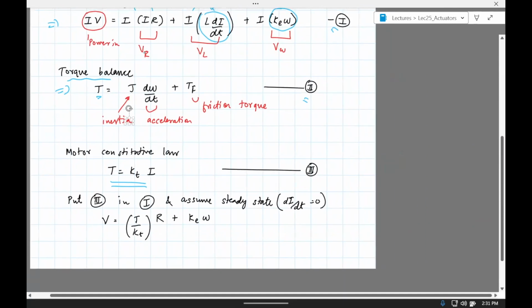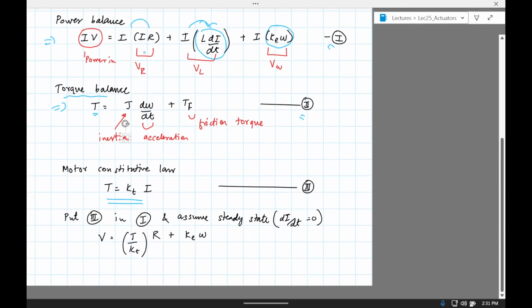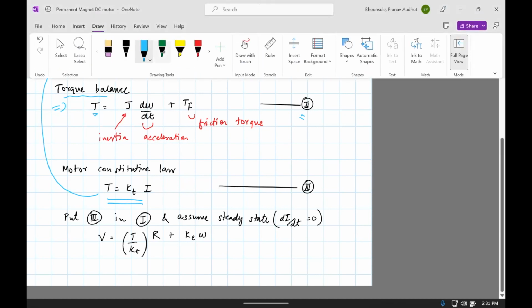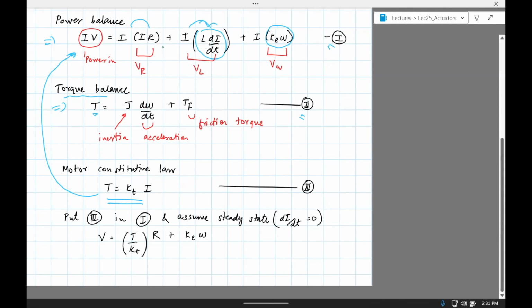Now what we can do is sub this torque into this equation. We'll assume that the inductance or the steady part is 0. The di/dt, the change in current, is 0 because we see that the current is more or less constant.